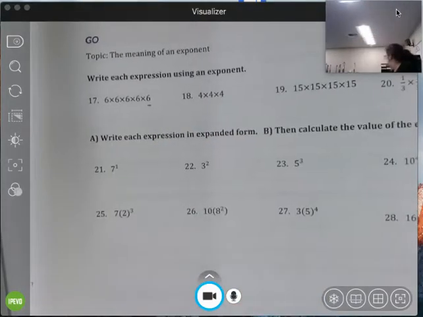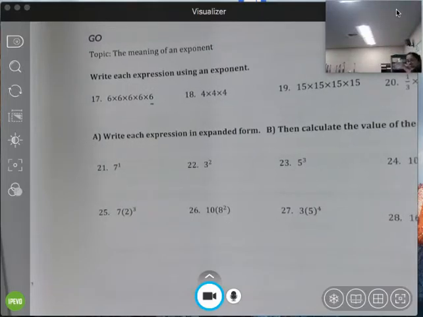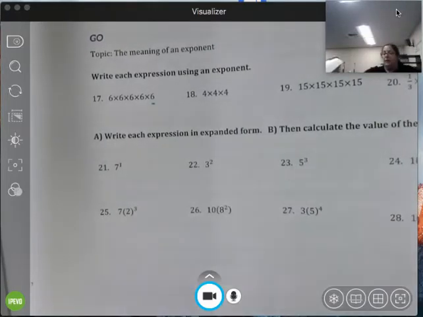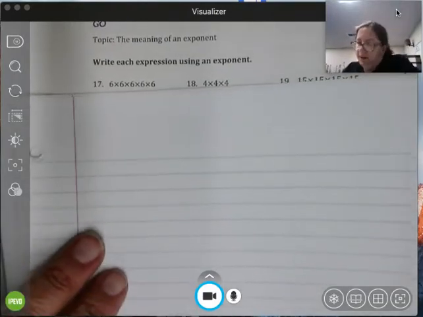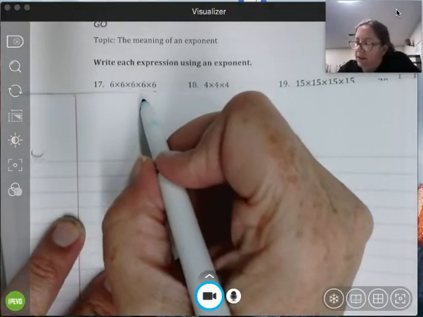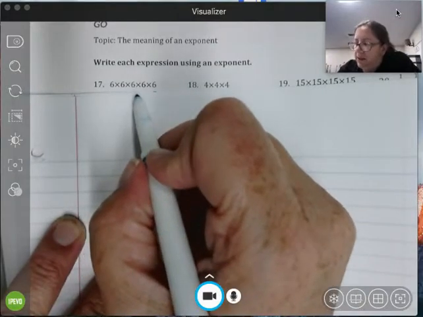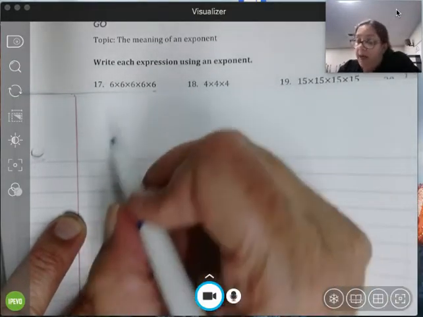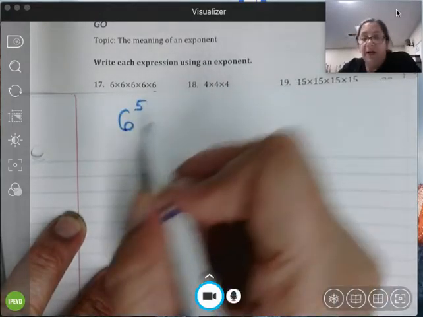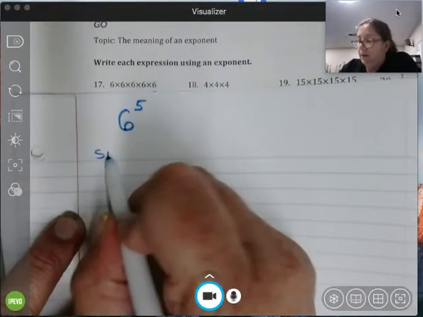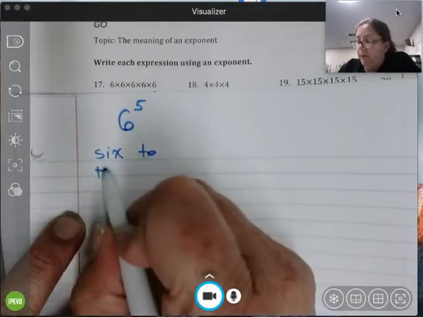In fact, they wanted you to do the opposite. They wanted you to make it easier. So if I have 6 times 6 times 6 times 6 times 6, that's 6 times itself 5 times. And in math, we can write that just by saying 6 with an exponent of 5. And how we say that is 6 to the power of 5.